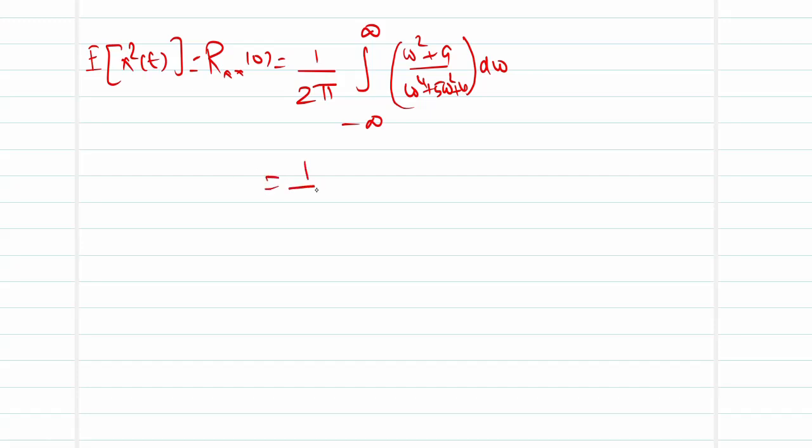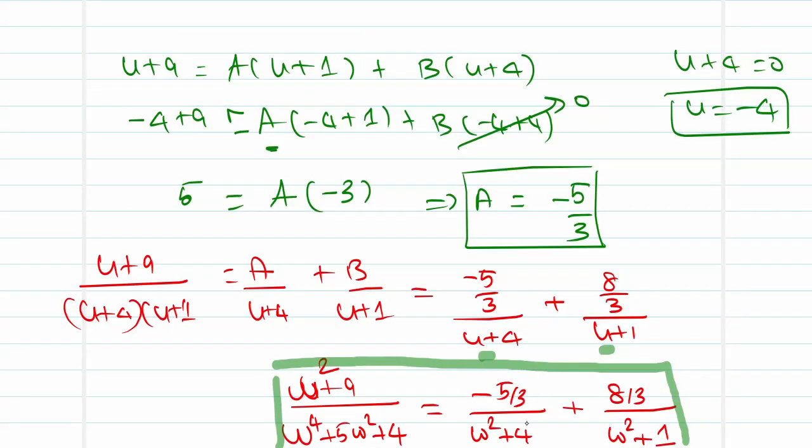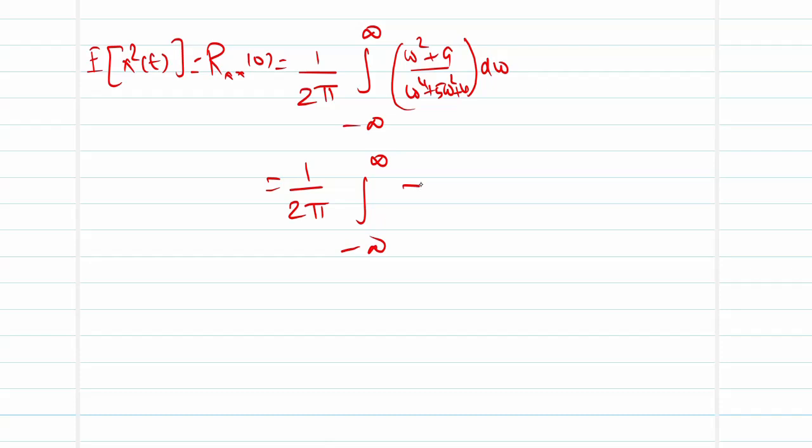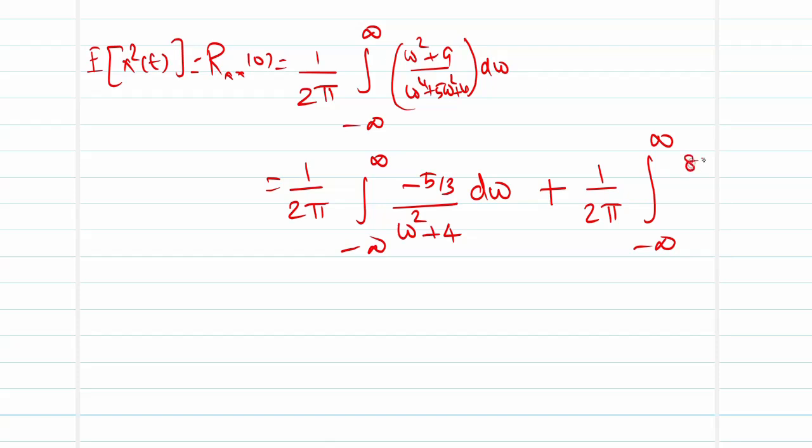Now this will be replaced as 1 by 2 pi, integral from minus infinity to infinity, of the partial fraction. What is going to be the partial fraction? Minus 5 by 3 divided by (omega square plus 4) d omega. Let me split it into one more term: 1 by 2 pi, integral from minus infinity to infinity, of 8 by 3 times 1 over (omega square plus 1) d omega.